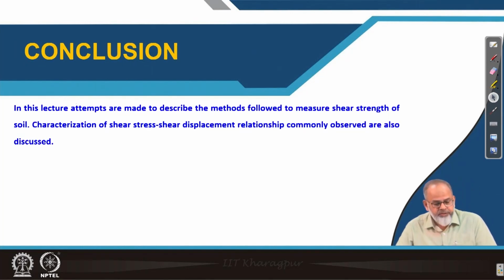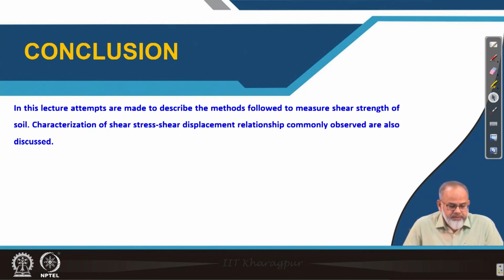In this lecture, I tried to give you the method which is followed for measuring shear stress in the laboratory, and then the nature of the curves which are generally observed. Nature of the curve means the nature of shear stress, shear displacement relationships observed in nature.